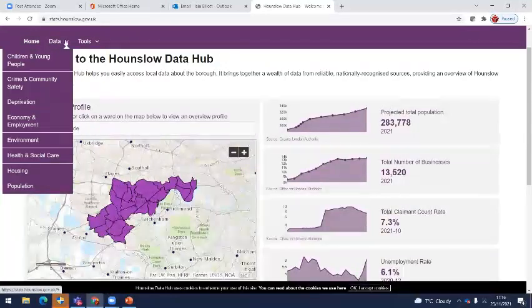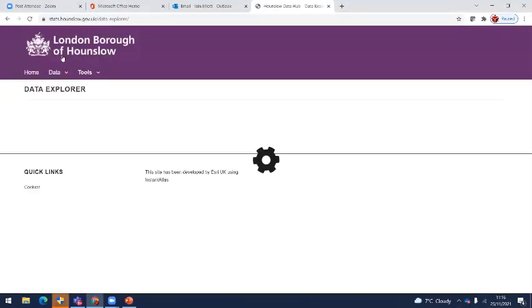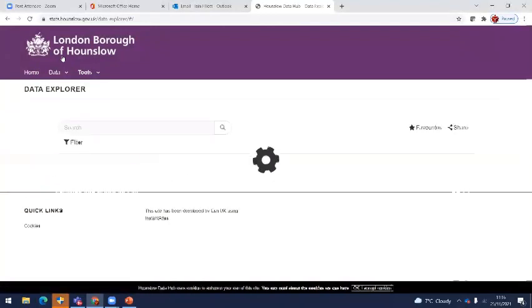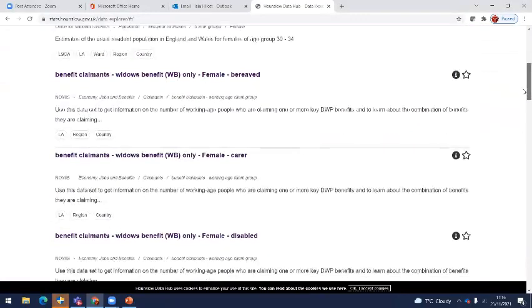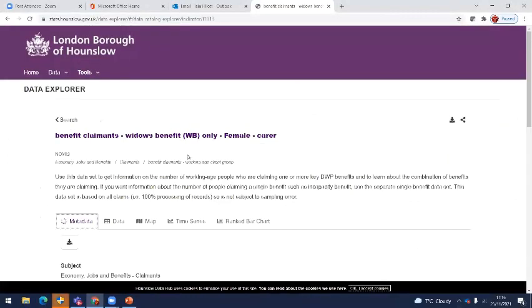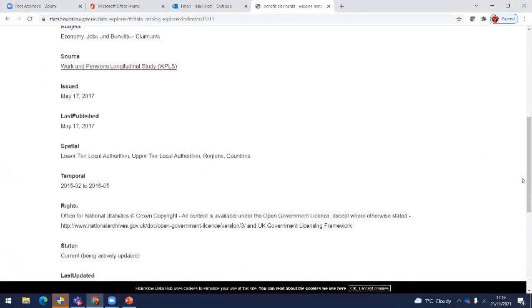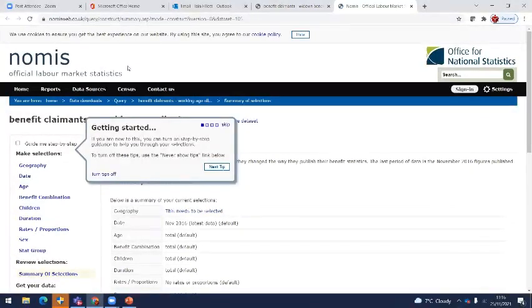I think you can also... I think this is just enabling you to click on particular data sets that haven't been turned into... so that's a link to the ONS where they've got that data from.